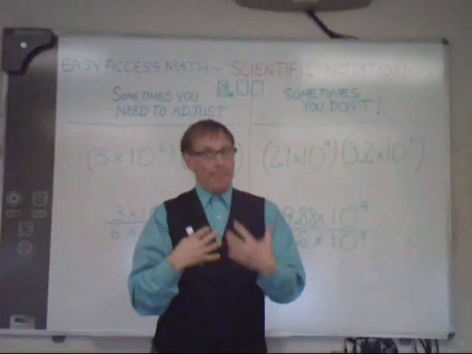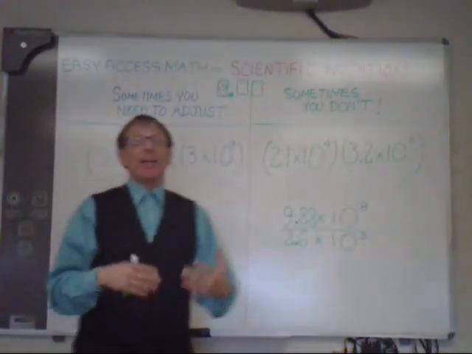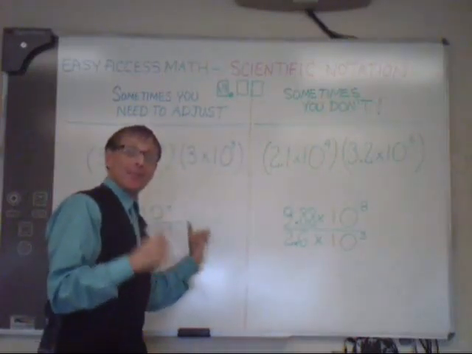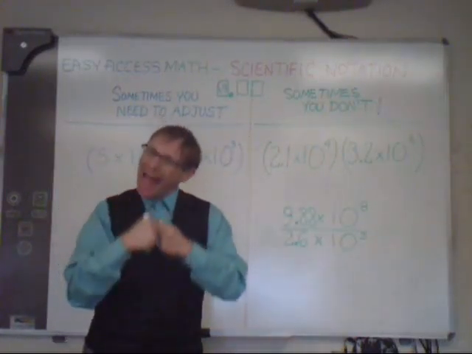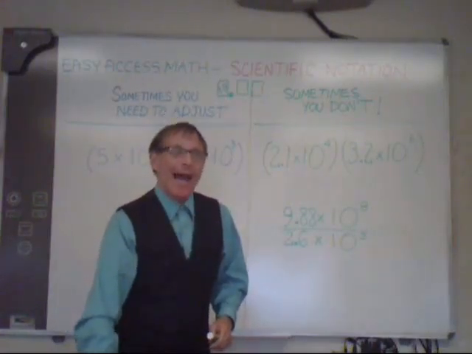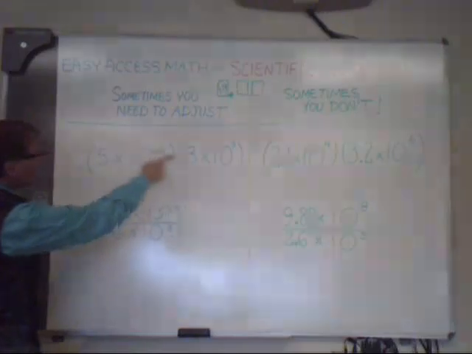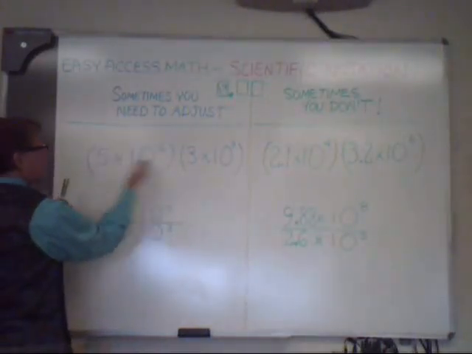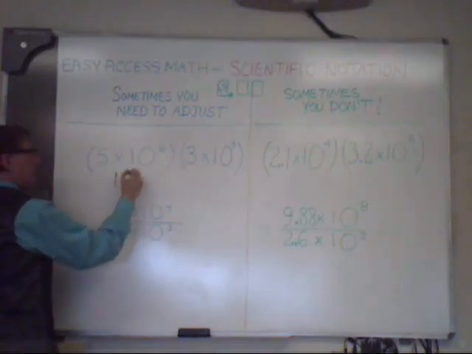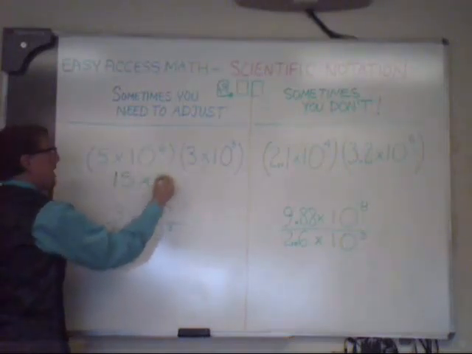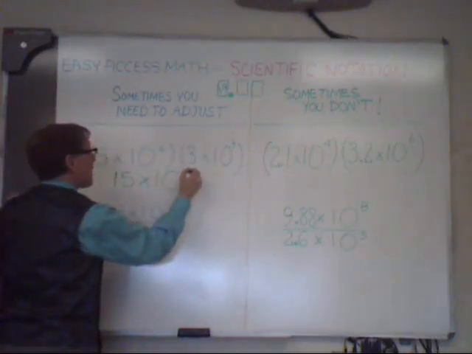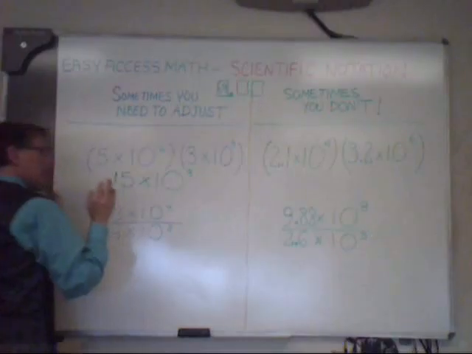When you do your math, multiplication or division, and you get a number that's less than 1 in the whole number place, or it's 2 digits, you have to adjust. Now, over here we will need to adjust because, as you can see, 5 times 3, the base numbers, we multiply them and we get 15 times 10, and when we multiply exponents, as you know, you add them, and we get 6 plus 3 is 9.